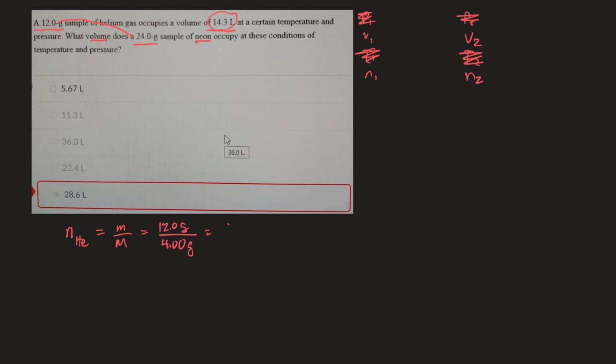So if you divide that, it's a nice easy one. 3.00. Well, it's 4 grams per mole. Grams cancel. So initially I have 3.00 moles of helium, and its volume is 14.3 liters.